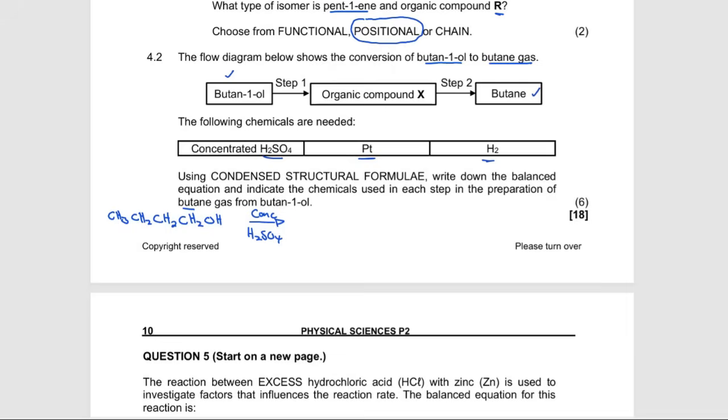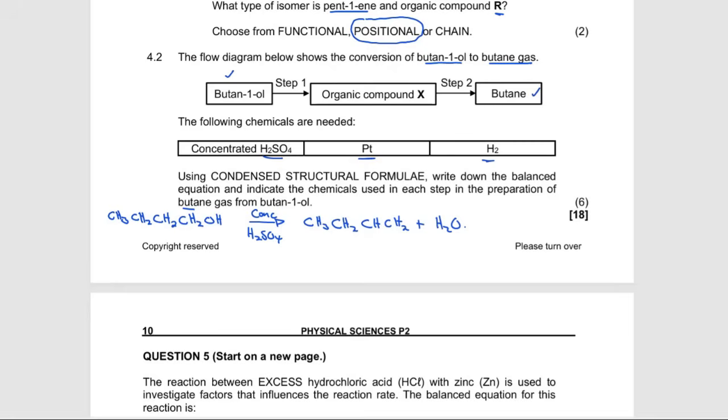It's going to give us an organic compound X. So our organic compound X is CH3, CH2, CH=CH2, plus our water, H2O, right? So this is step number one, or reaction number one.